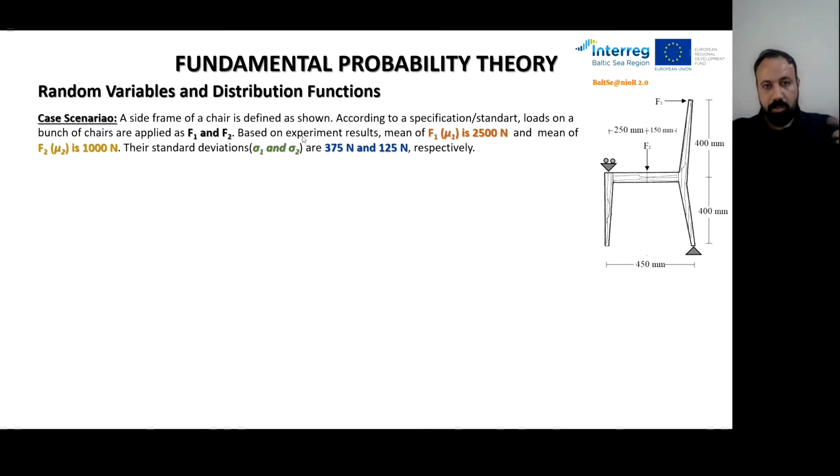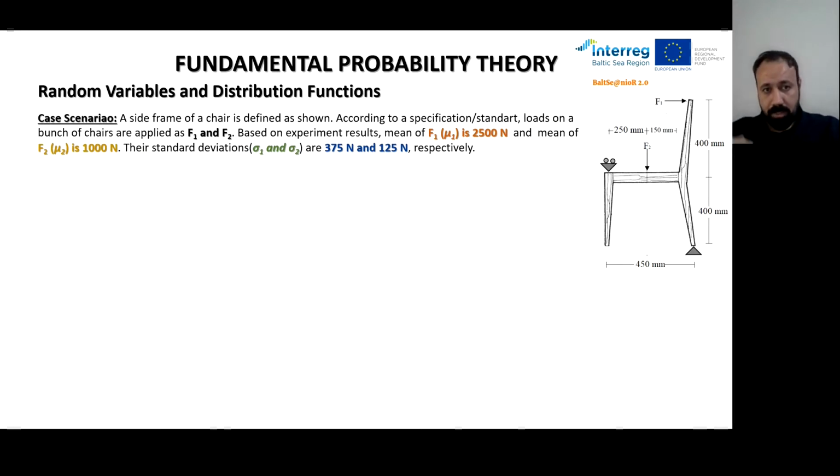Based on the experimental results, say we have 20 samples, and the mean of these 20 samples for F1 is 2500 Newton and for F2 is 1000 Newton.